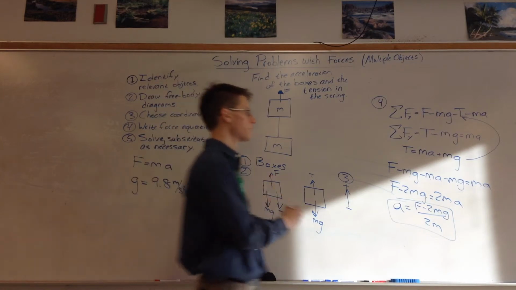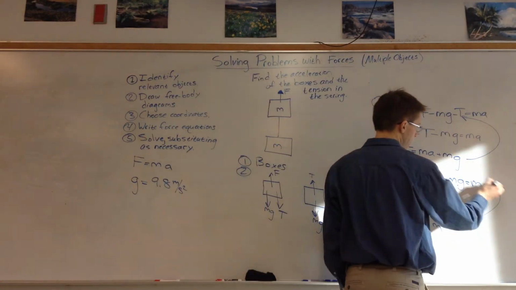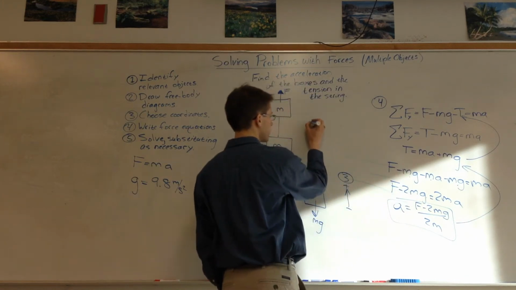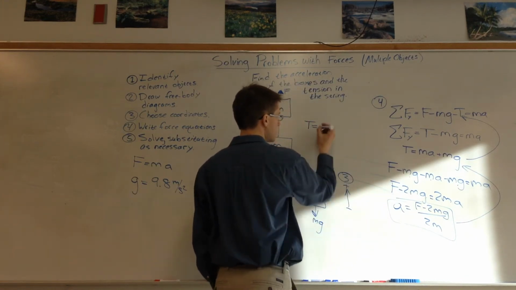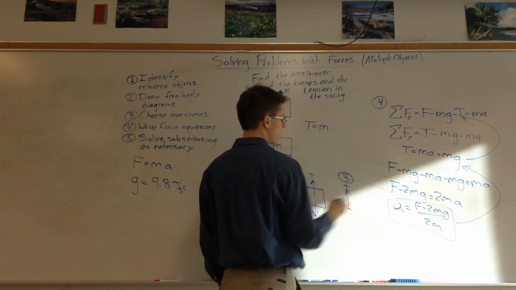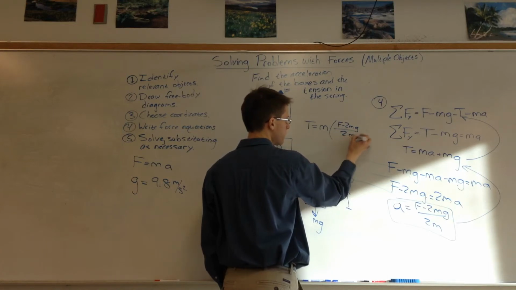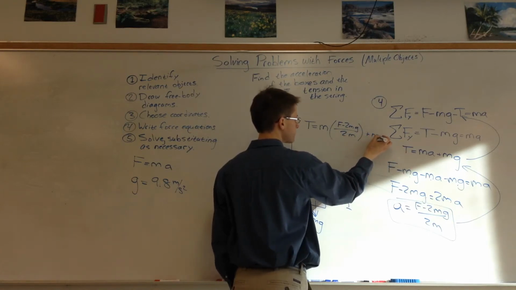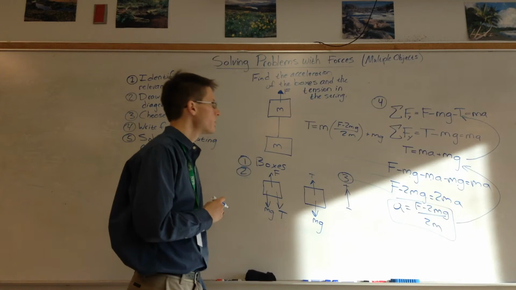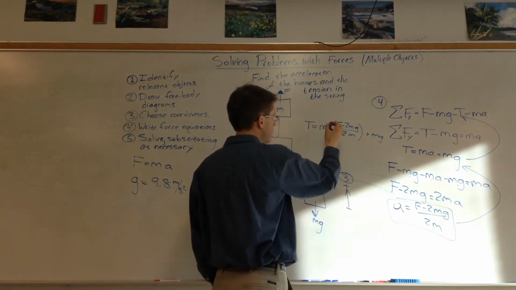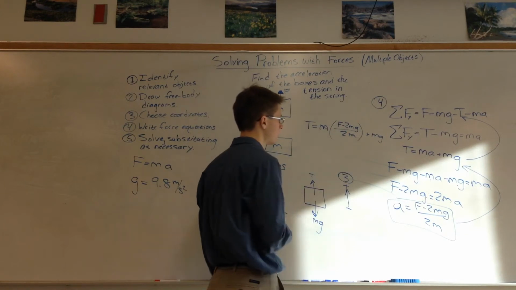However, we also want to find the tension in the string. So we're going to go back and plug this into our equation for tension. Tension is equal to ma, and this is our a, so m times F minus 2mg divided by 2m, plus mg. Now this m cancels this m.